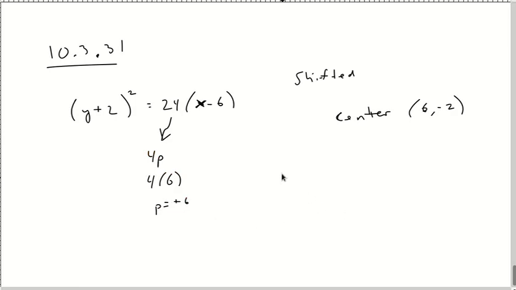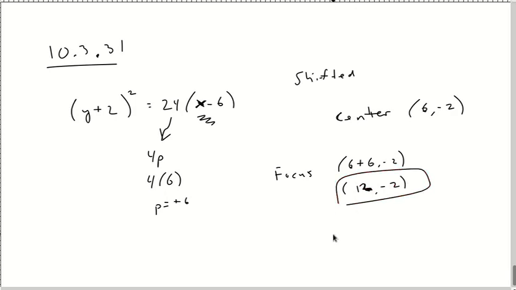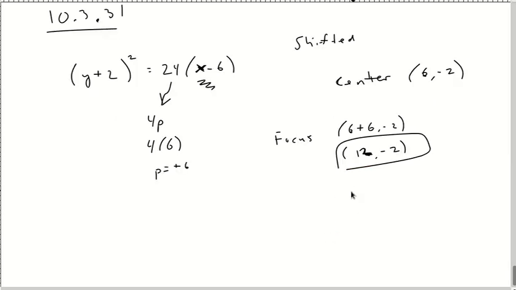And so my focus is going to be shifted along this. Notice that it's going to be on the x components. And so my focus point is going to be at 6 plus 6, -2. That's 12, obviously. Okay, and then my directrix is in the other direction.